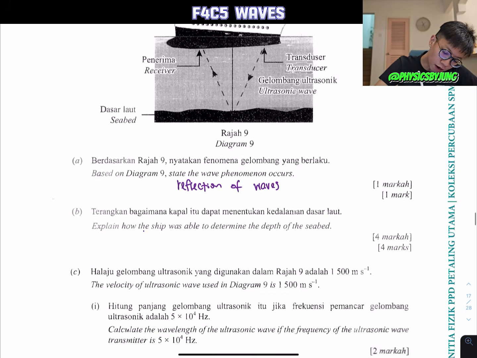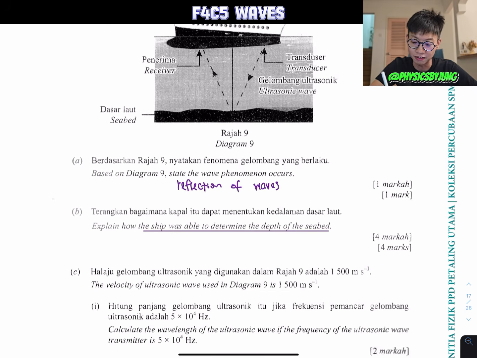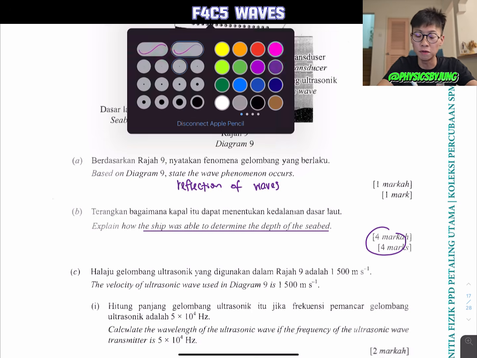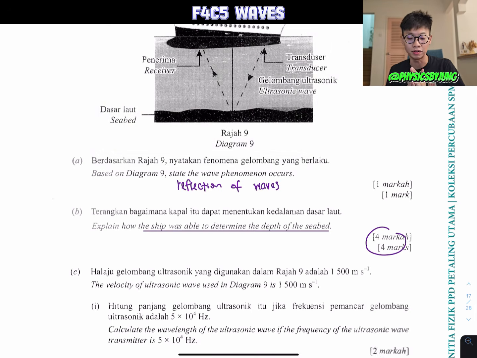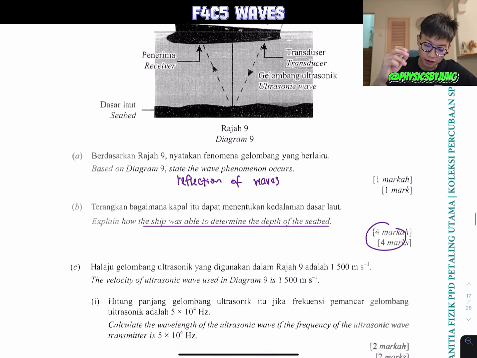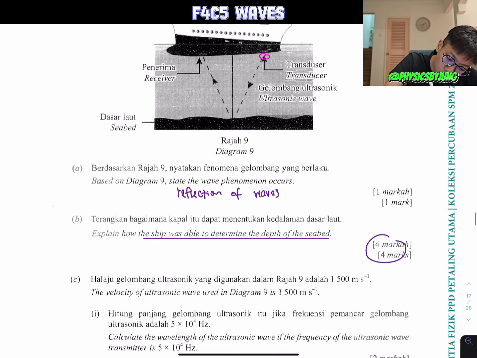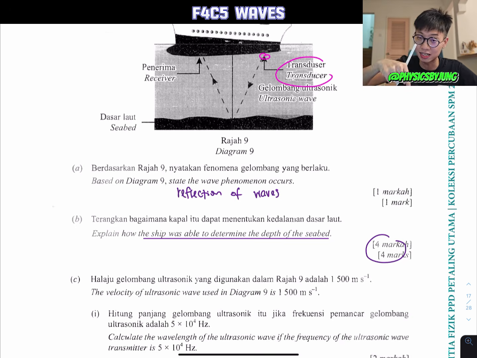Next, how is this ship able to determine the depth of the seabed, 4 marks. If you watched this video before, especially from episode 1, we talked about this: for 4 marks, we keep our sentences short and break this into shorter sentences. So step 1, your wave is produced by who? Produced by the transducer and is sent towards the seabed.